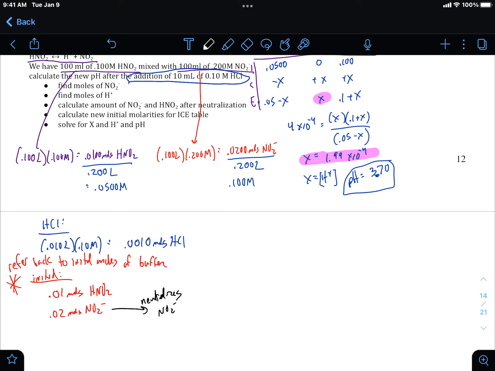NO2 minus neutralizes H plus. NO2 minus, being a base, is going to neutralize the acid. So doesn't it make sense then that the number of moles of NO2 minus will decrease because it's being used up? So what that looks like is this.